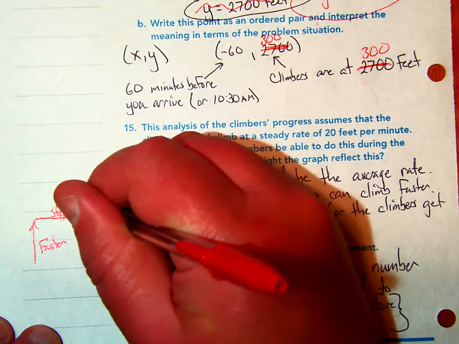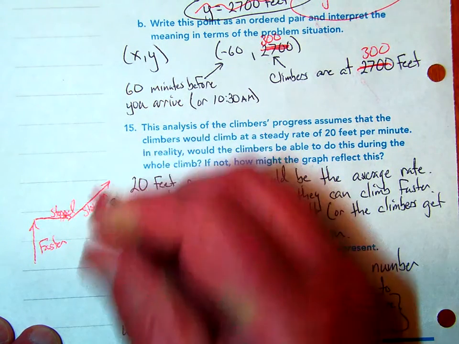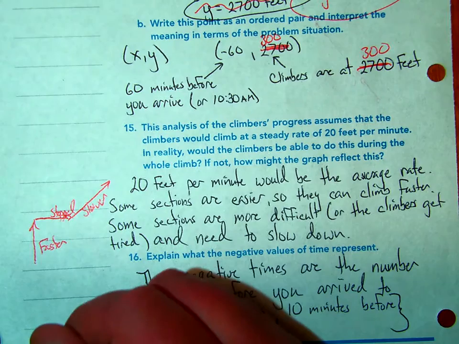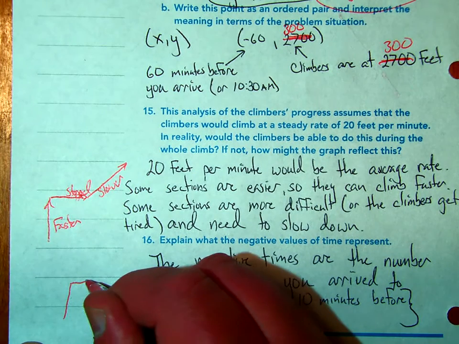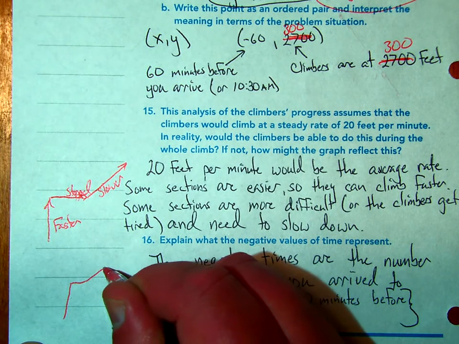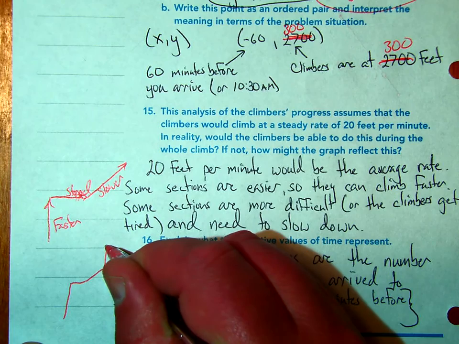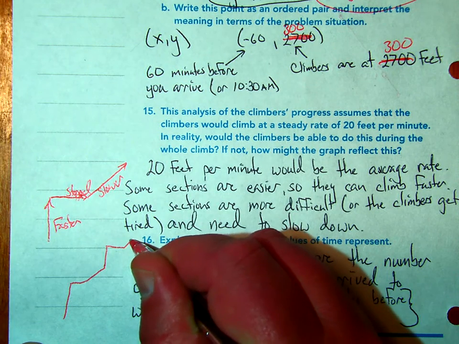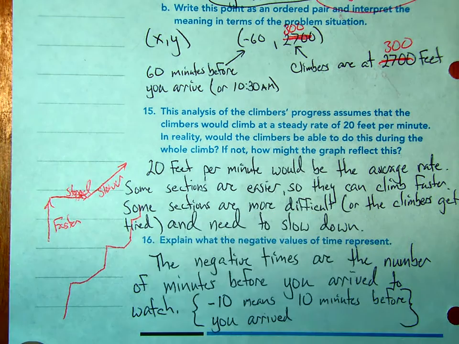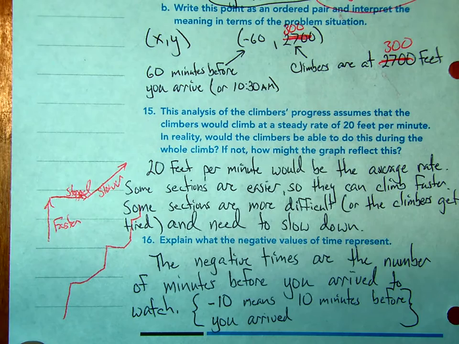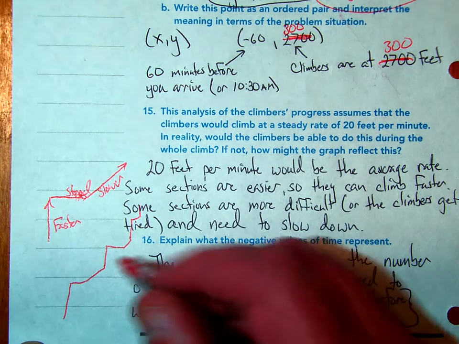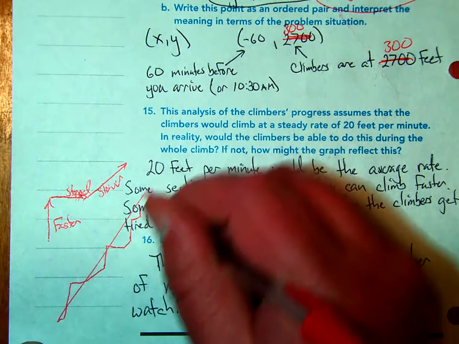So as they climb, if they're climbing fast, it might be a steeper graph. They stop for a little bit. They go slow. They speed up. They stop. Go slow. Go fast. And it would be this jagged line all the way up from start to stop. But the average would average 20 feet per minute.